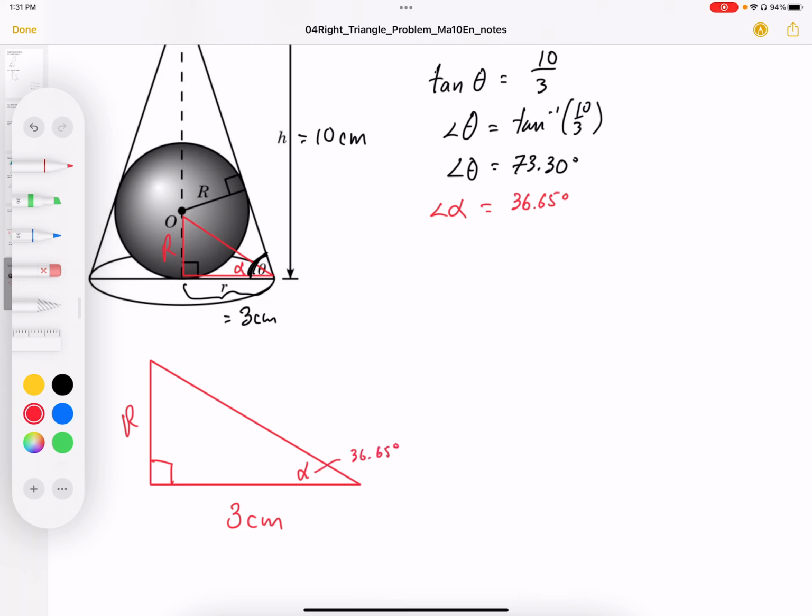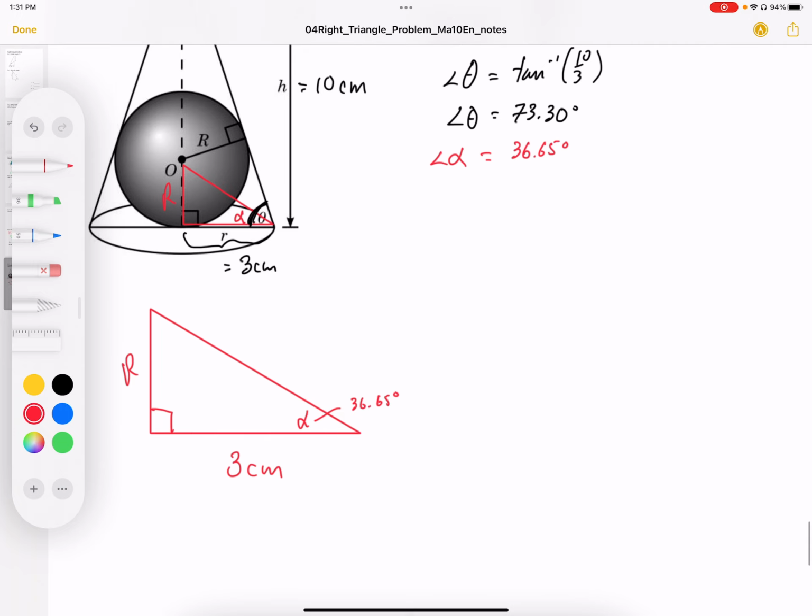And using that angle, 36.65 degrees, we can work out the value of the radius of the sphere, big R, by using that red right triangle. So R over 3 is the tan of that new angle of 36.65 degrees.